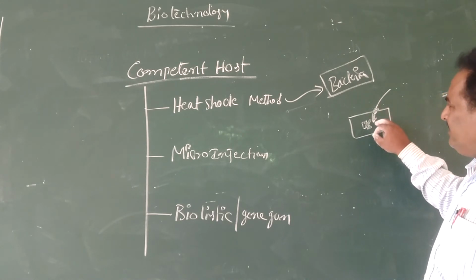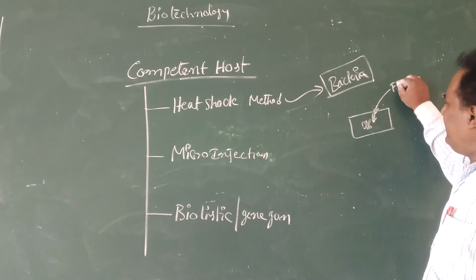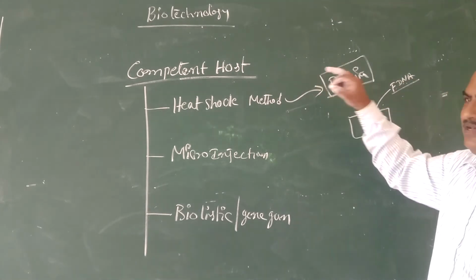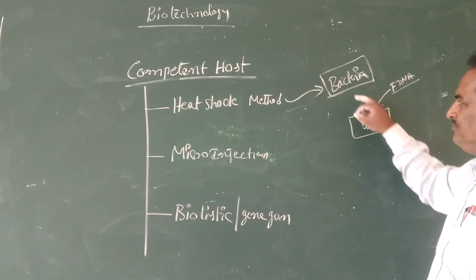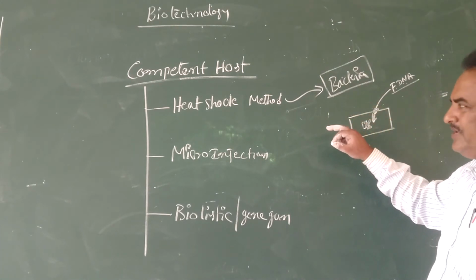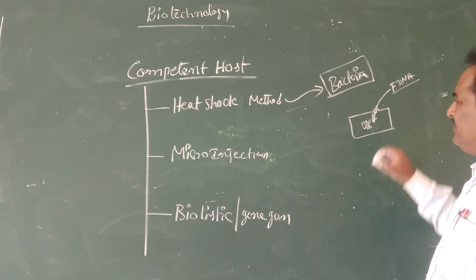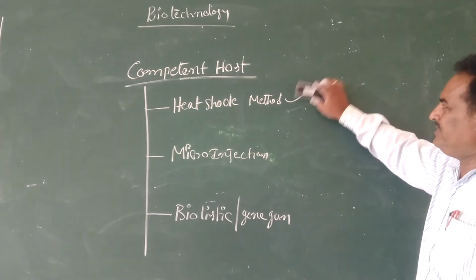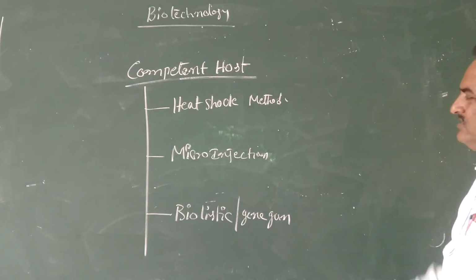The cell takes up the foreign DNA. It is called a competent host. Here, bacteria are treated with calcium, high temperature, and cold temperature. It is the method usually used in the case of bacterial cells.